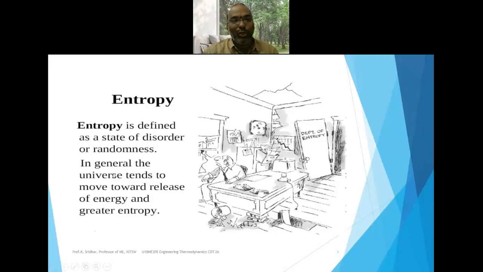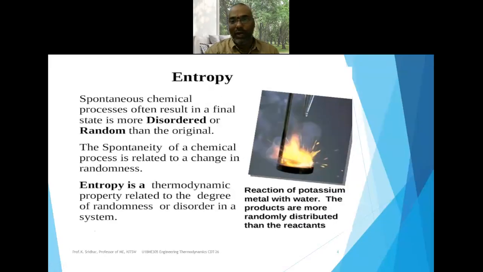In general, the universe tends to move towards release of energy, and that leads to greater entropy. Another example: spontaneous chemical processes often result in a final state that is more disordered or random than the original. Absolutely.